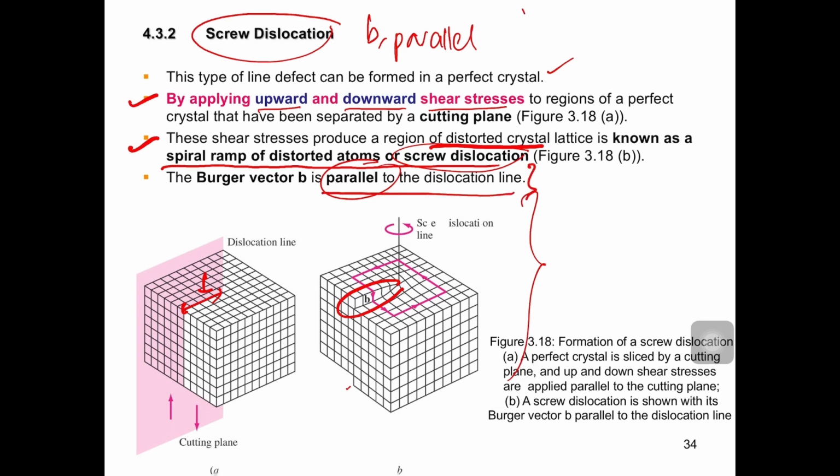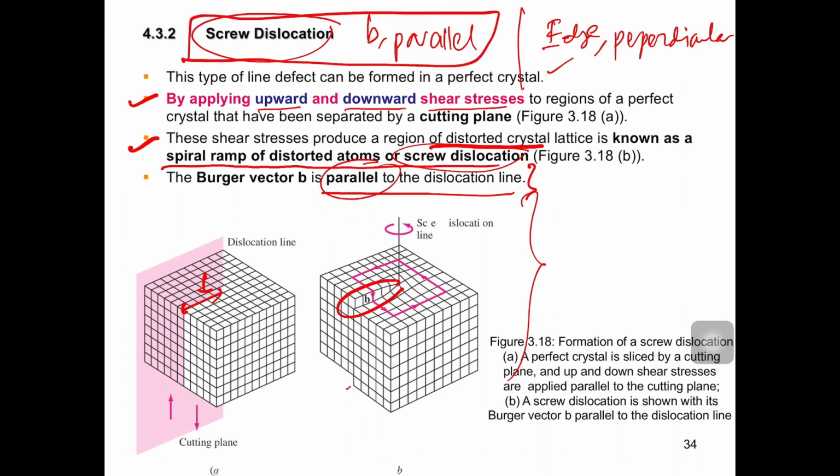If it is an edge, it is perpendicular. Remember the differences between the screw and the edge dislocation. For the screw one it is parallel, for the edge it is perpendicular. So you have to compare them.